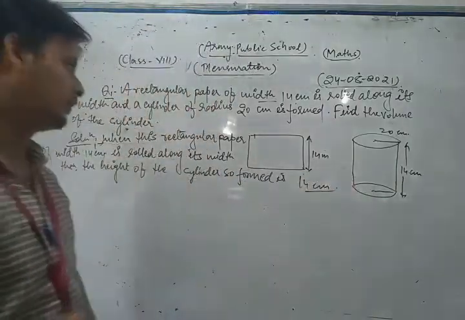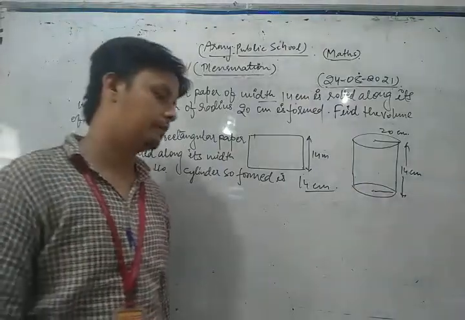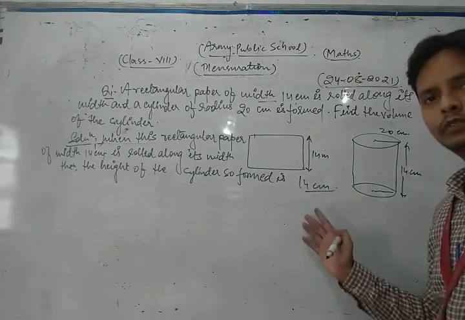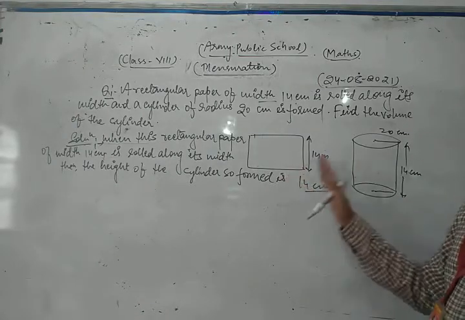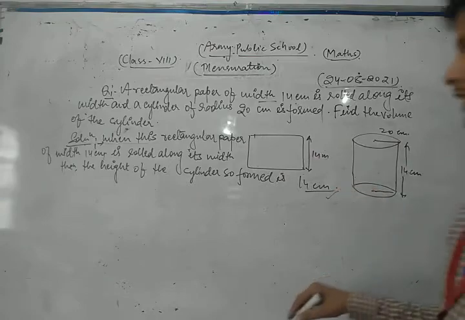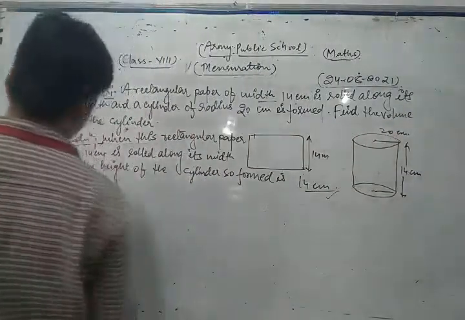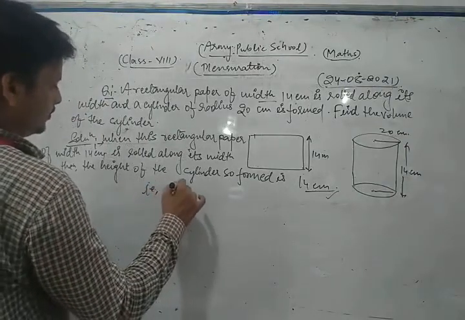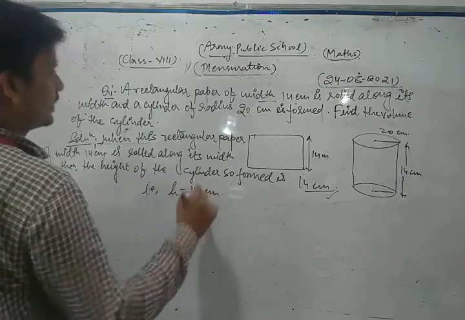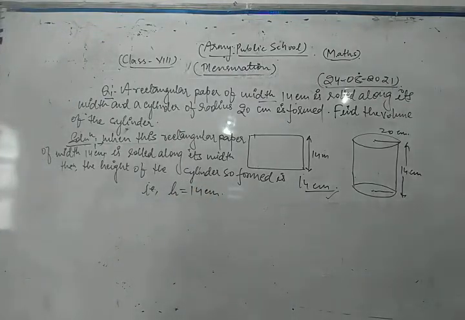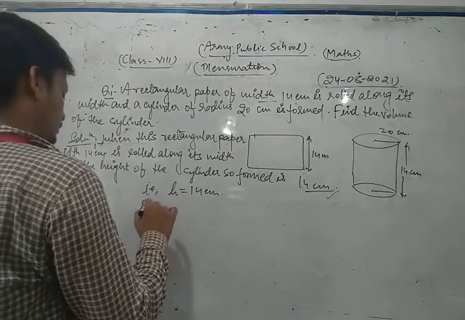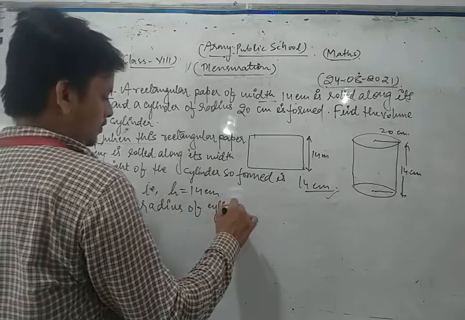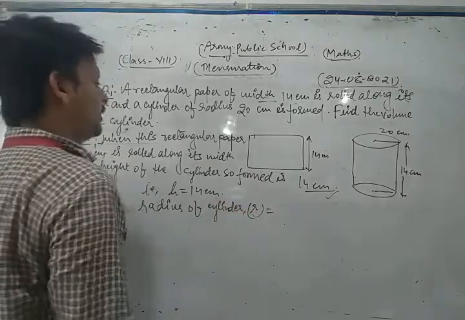After rolling this rectangular sheet of paper along its breadth, the paper is converted into a cylinder of height 14 centimeter. That is, h is 14 centimeter. And the radius of the cylinder is what?